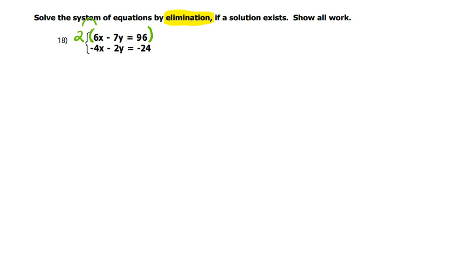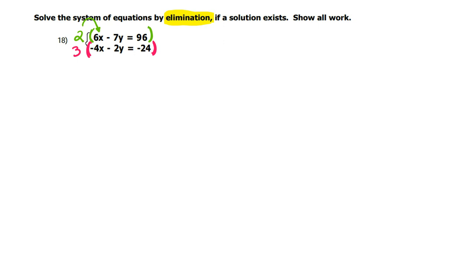That way when I take 2 times the 6, I'll get 12x. And then on the bottom, I'm going to multiply this entire equation by 3 so that I'll get a negative 12x, so my x's will cancel.